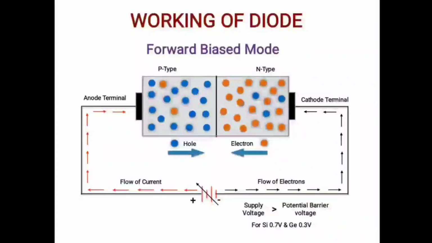In this way, the flow of electric current is established due to the flow of majority charge carriers, holes as well as electrons, and the PN junction becomes conductive of electric current in forward bias. The direction of forward current is from P side to N side, and the direction of electrons is opposite, from N side to P side region.